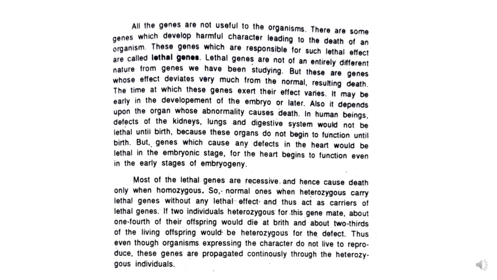So, even though organisms expressing the character do not live to reproduce, these genes are propagated continuously through the heterozygous individuals. So, we will try to understand these with the help of three examples we are taking in this lecture.